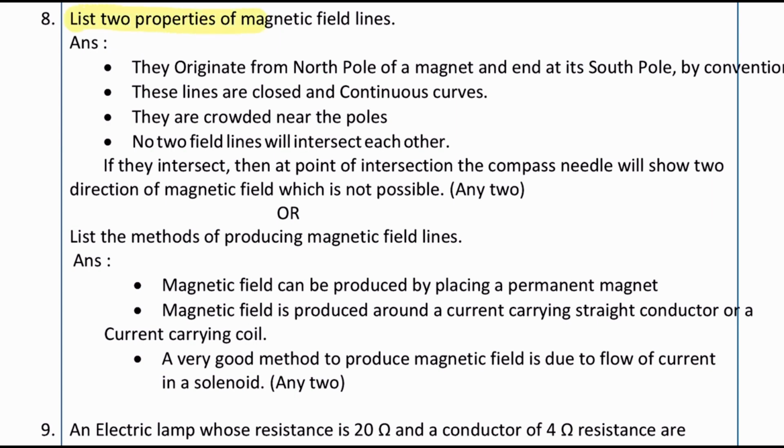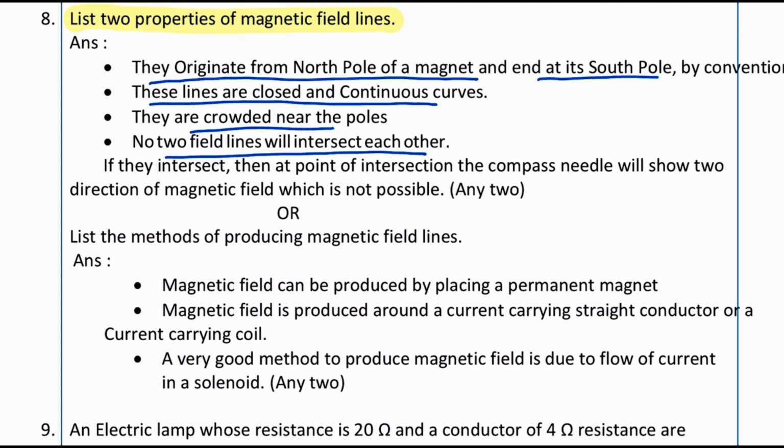Write at least 2 properties of magnetic field lines. They originate from the north pole of a magnet and end at its south pole. These lines are closed and continuous curves. They are crowded near the poles. No 2 field lines will intersect each other.